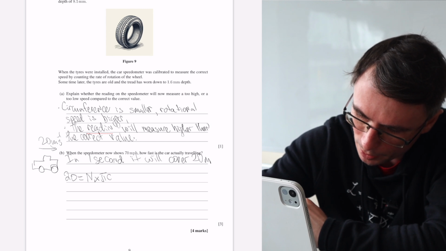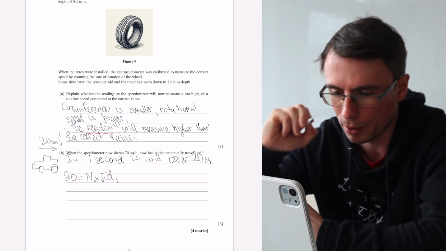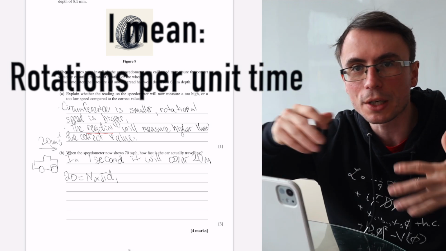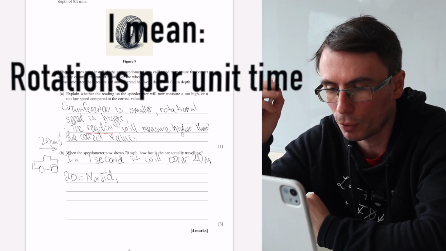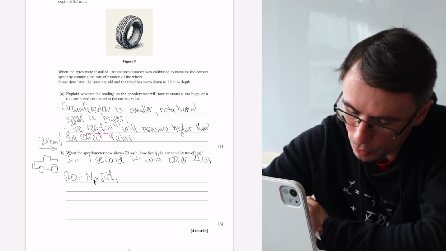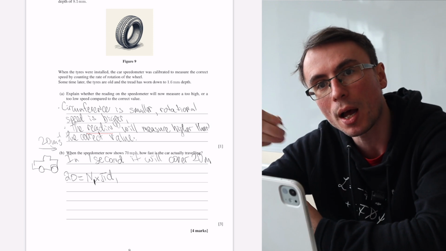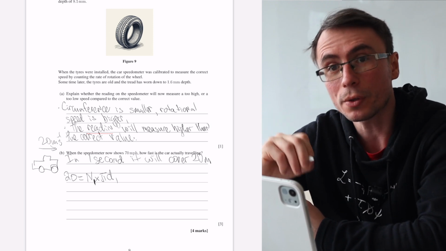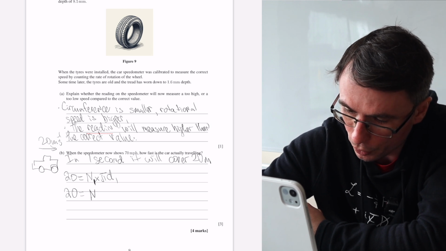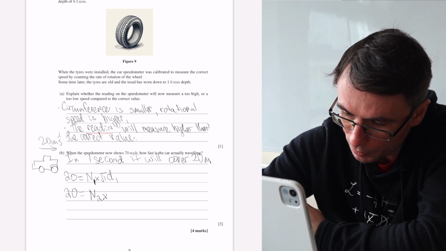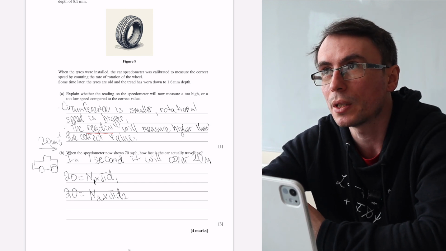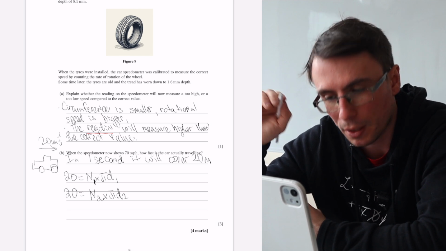So pi times the, let's say, d1. And those number of rotations is what I imagine the sensor picks up to actually determine the speed. So I'm going to say that 20 is going to be equal to n1 times pi times d1. But also, if it's traveling at 20 meters per second, it will also be equal to n2 times pi times d2, where d2 is the worn diameter.